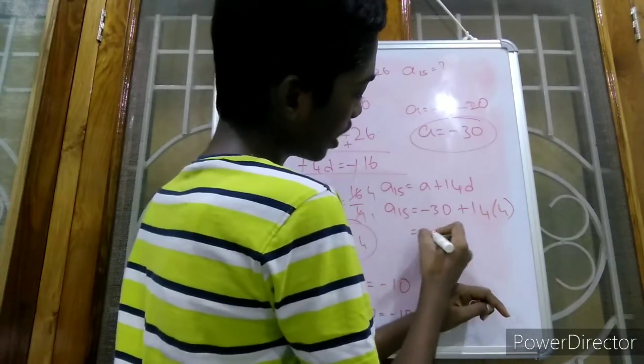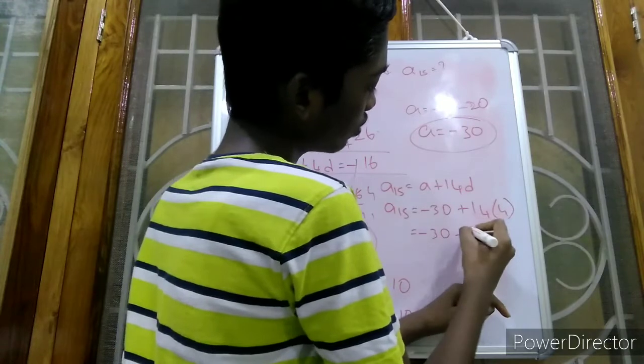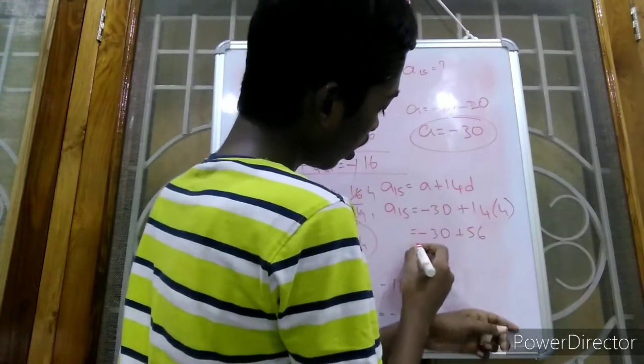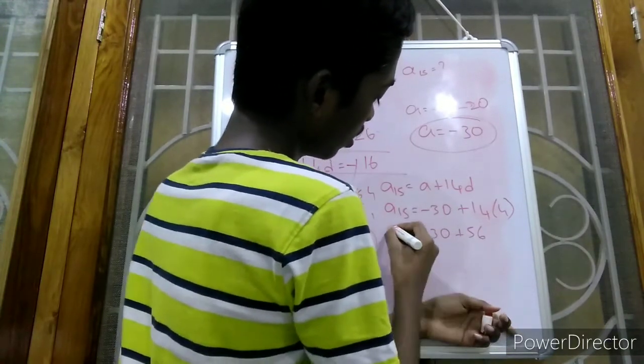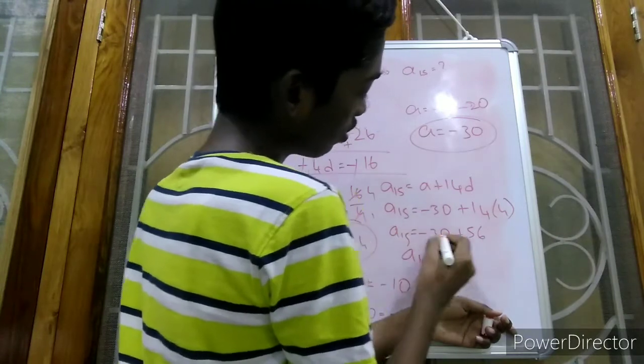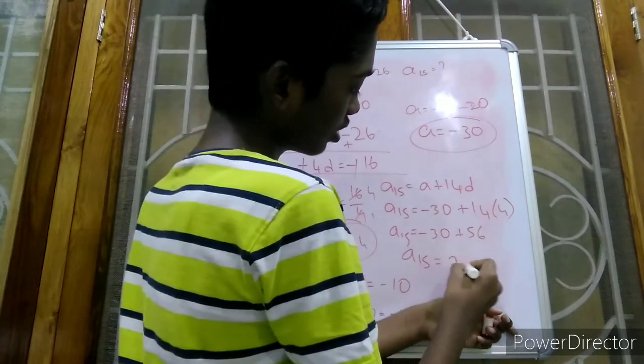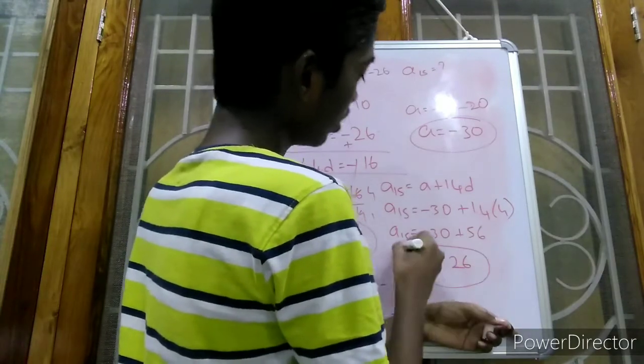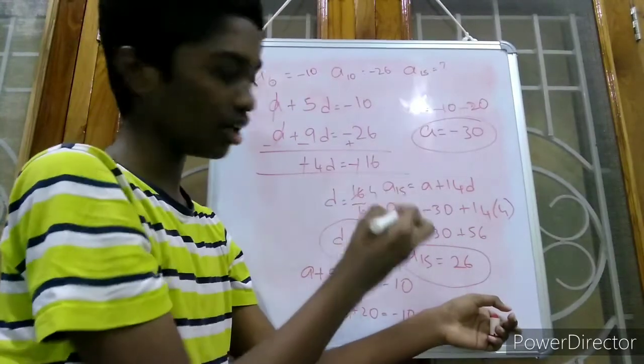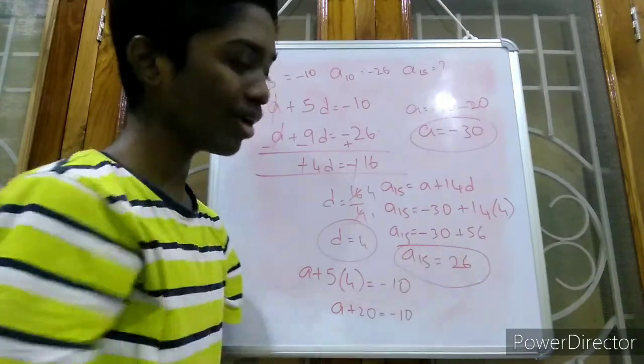So it is equal to minus 30 plus 14 fours, 56. Here we got A15 is equal to minus 30 plus 56, which is nothing but 26. Now they are asking what is the 15th term. So we got the 15th term as 26.